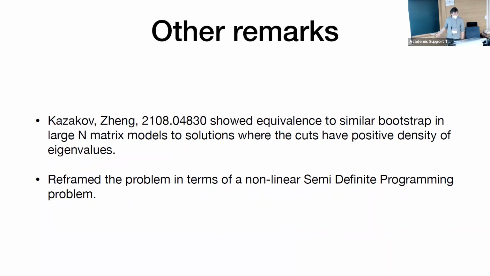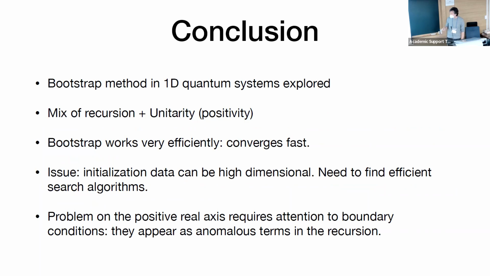And then just to conclude, I told you a lot about how the bootstrap method works in quantum mechanics in 1D. It's a mix of recursion plus unitarity. The bootstrap works very efficiently, it converges fast. You have to pay attention to which problem you actually have to solve. If you do things on the real axis, as opposed to the positive real axis, you get different constraints, and you need to use all of the information that the math literature gives us on that.